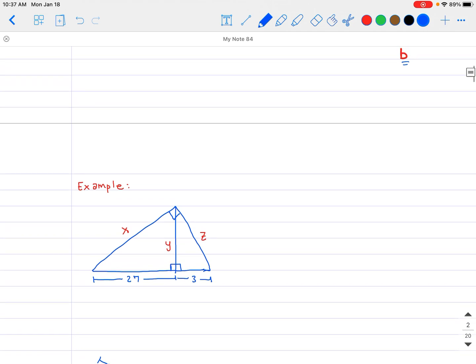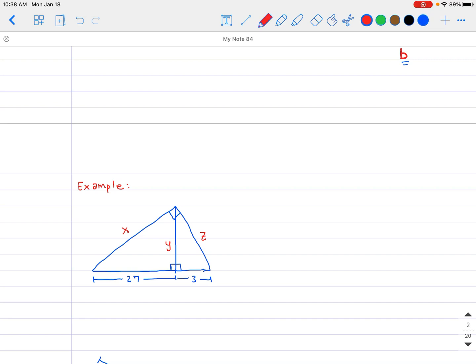So here in this example, you'll notice that we have a right triangle where its altitude to the hypotenuse is drawn, and we have three segments that are missing, x, y, and z, and I would like to solve for them using this geometric mean thing. So first, let's set up what we can. Now, we can set up three different equations. I would like to usually set up the equation that I can solve for first.